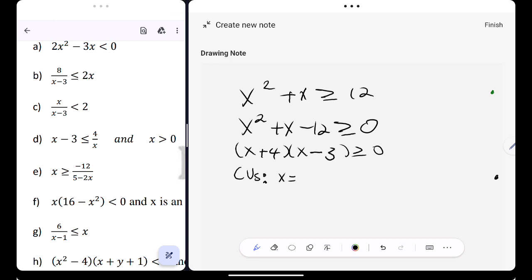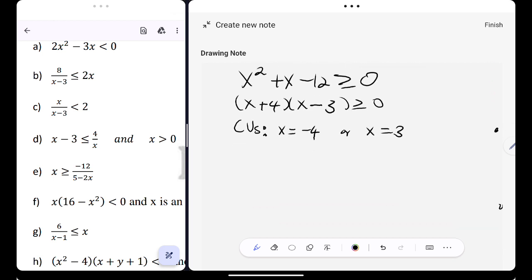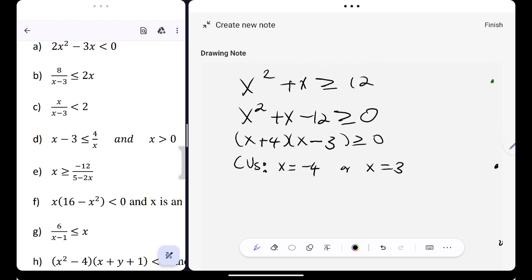I know that my critical value x is -4 or x is +3. Then I must just express my critical values on the number line. My critical values on the number line are -4 and 3. Are they included or not? Yes, they are.